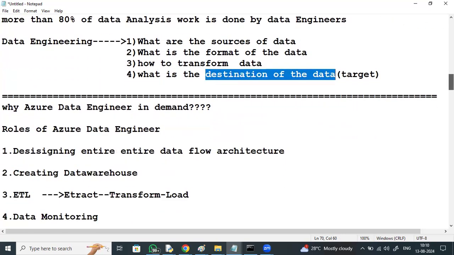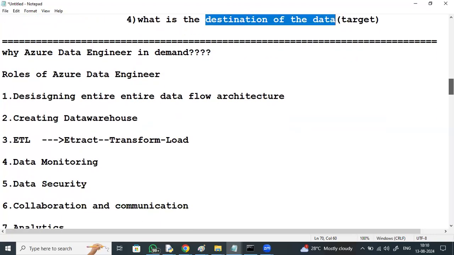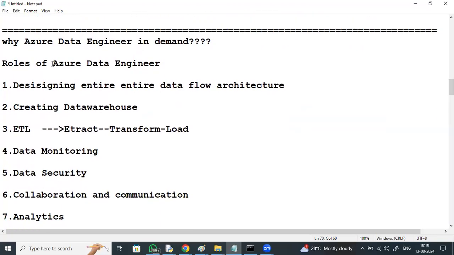Okay, the roles of an Azure data engineer, right? Designing the entire data flow architecture, and also creating a data warehouse for storage of analytical data. And the major task of the Azure data engineer is performing ETL, one of the key tasks of data engineers, right?